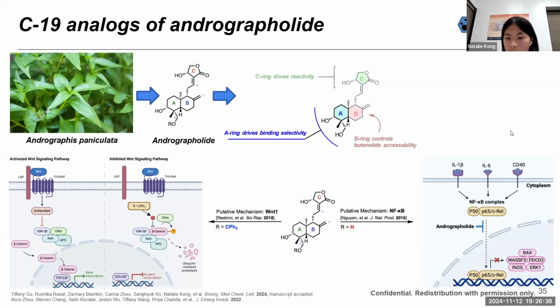However, through a different paper in 2015 in the Journal of Natural Products, they claimed that andrographolide itself, without any sort of silyl ethers on C19, resulted in andrographolide acting through an FKB. Thus, we wish to synthesize analogs that would experiment with the selectivity in between these different pathways.